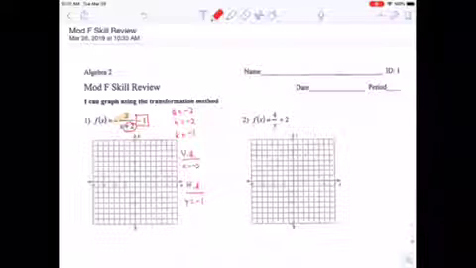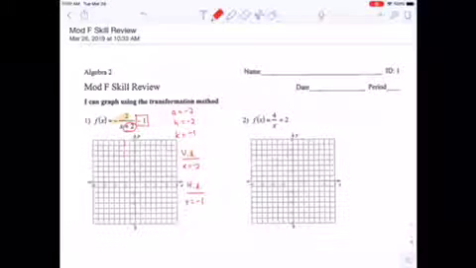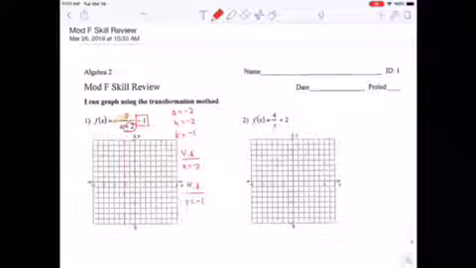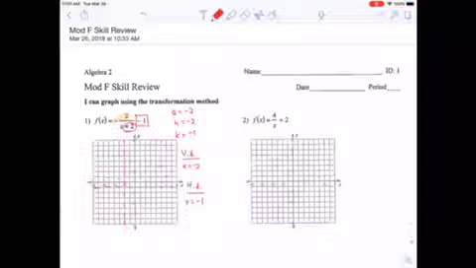So you can draw those asymptotes in. So x equals -2, y equals -1, okay? Now, use your calculator to find points on your graph.